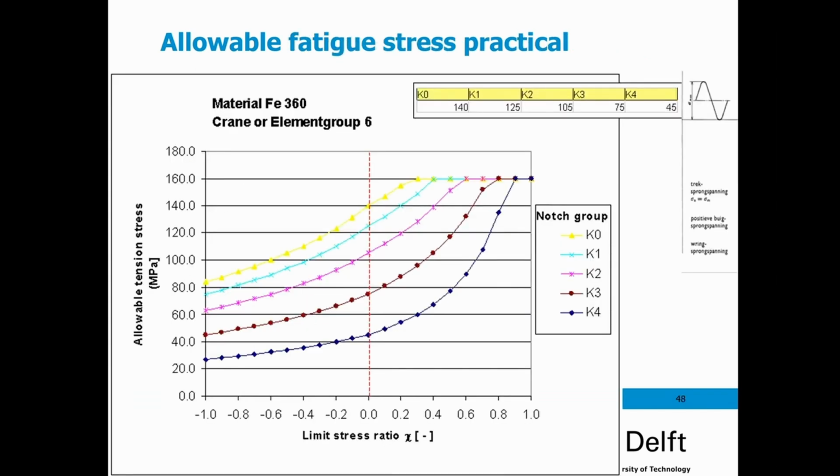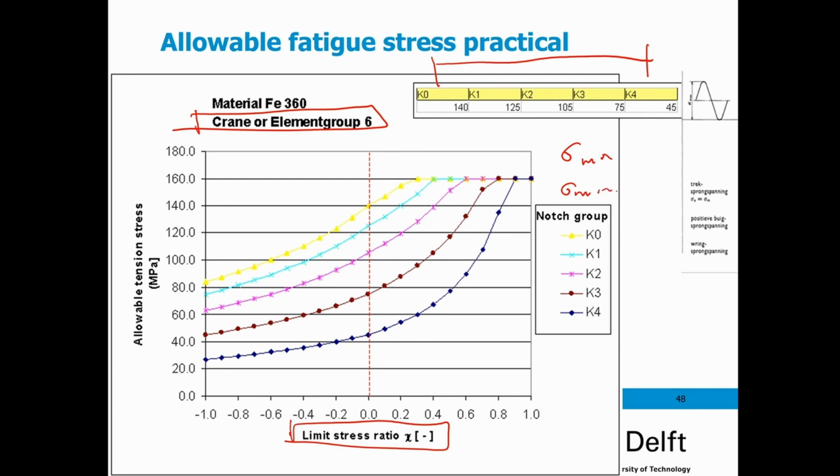I can easily qualify what type of connection I have, so whether I have a K0 to K4, and the crane group, I know the material, and then I get some kind of a curve based on the limit stress ratio.